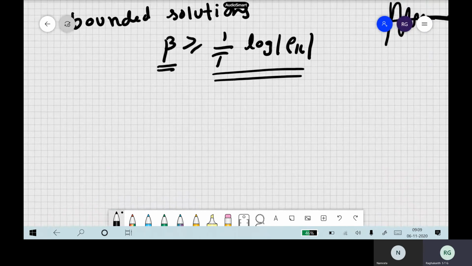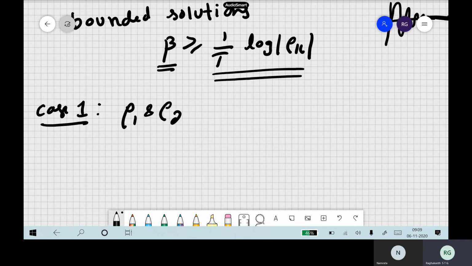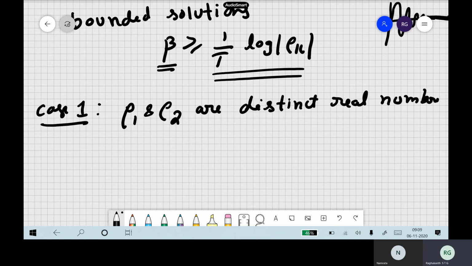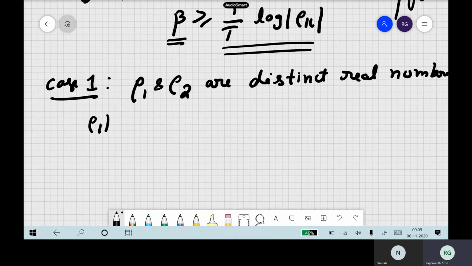Now case 1, like we wrote previously: if ρ1 and ρ2, the roots, are distinct real numbers. We have seen previously that if ρ1 is less than 1, then ρ2 becomes greater than 1, or the other way around also.